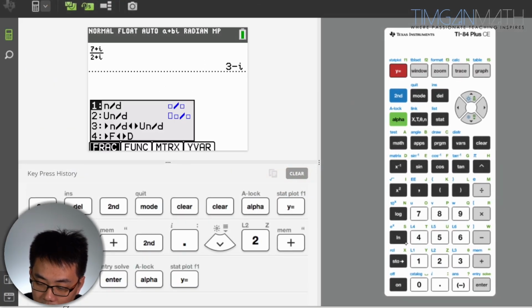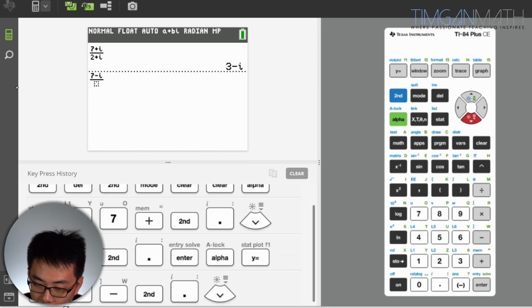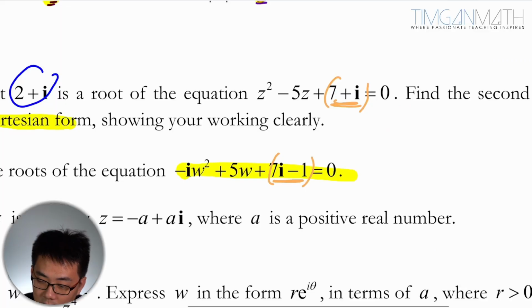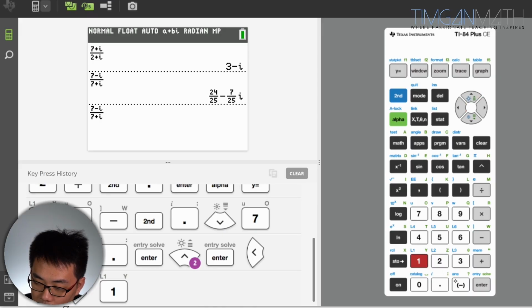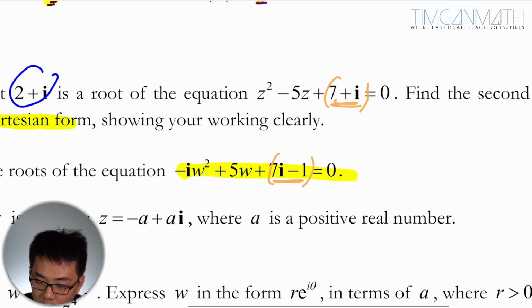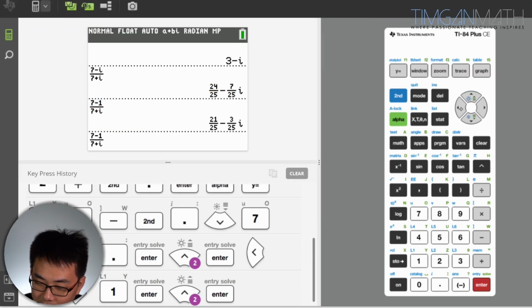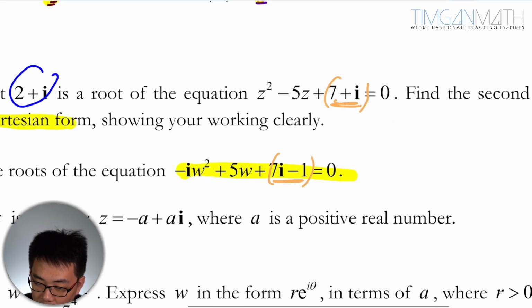So 7 minus i, usually there's a multiple here, then divide by 7 plus i. It's actually, oh, is it 7 minus i? Sorry, 7i minus 1, divided by 7 plus i.